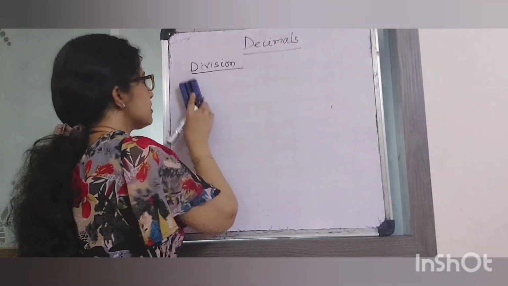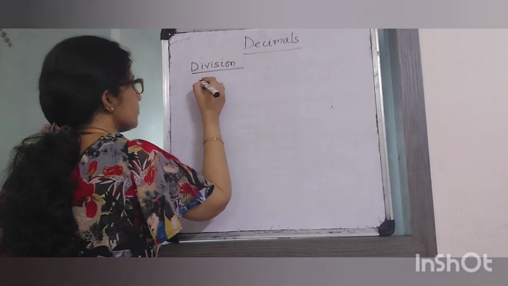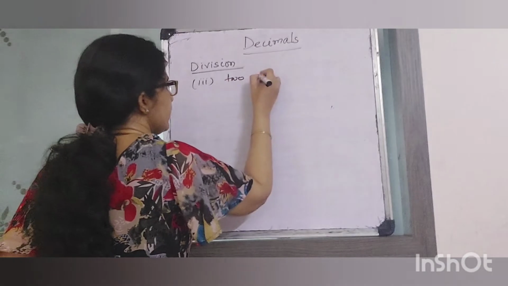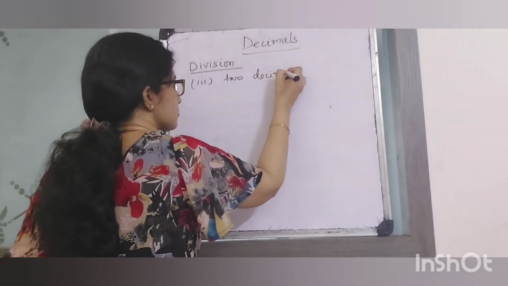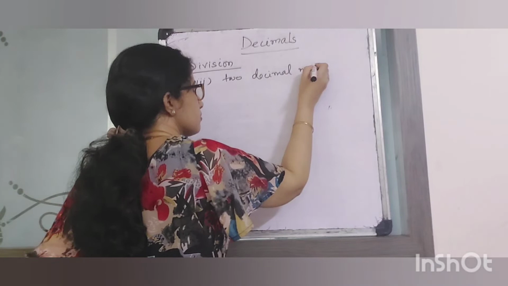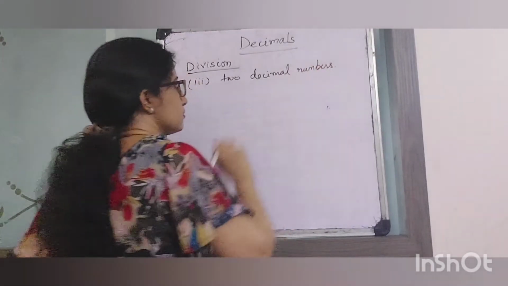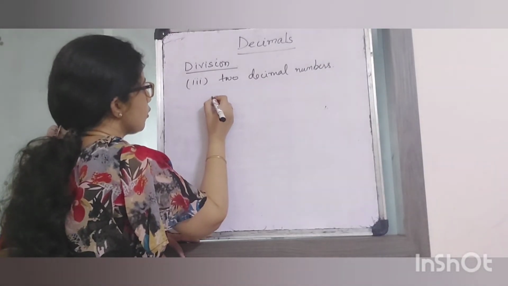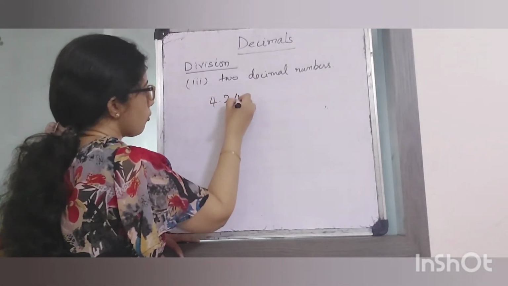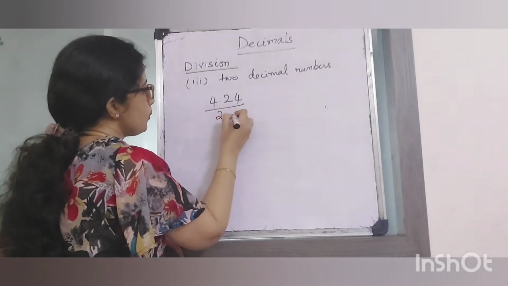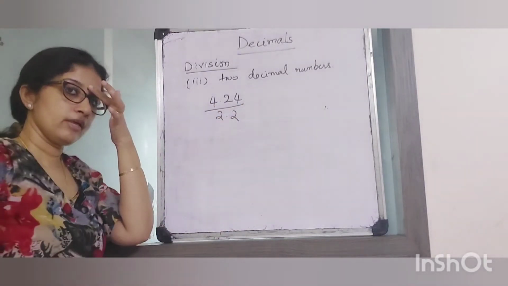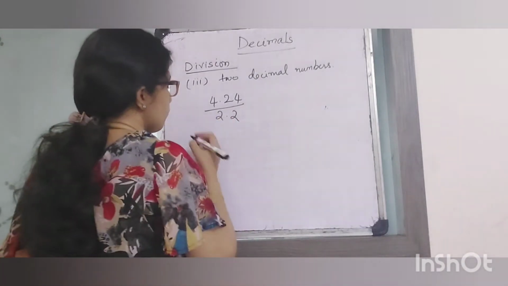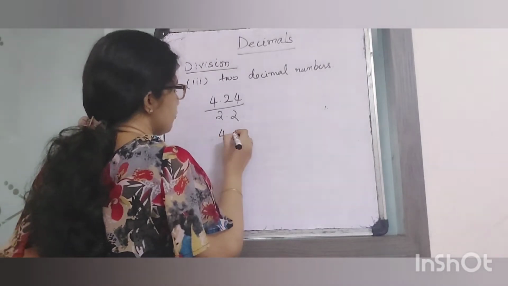Now the next one is division of 2 decimal numbers. Example. 4.24 divided by 2.2. There are 2 decimal numbers, right? So first, this can be written like this.